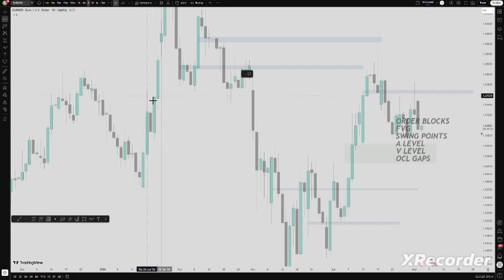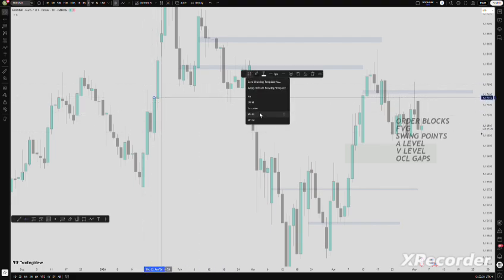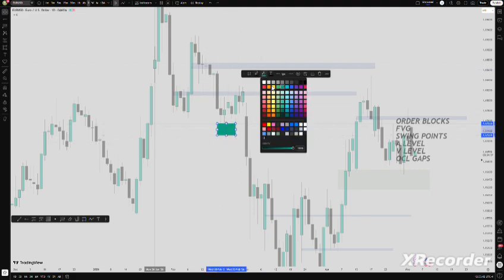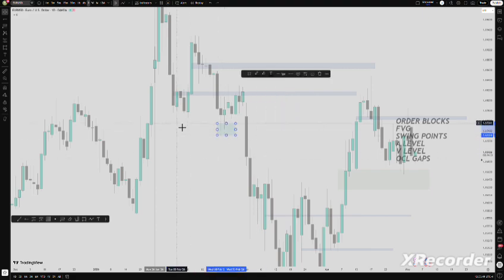So what do we have here? See the way price interacted over here. What was price reacting to? Right over here, price was reacting to this OCL level.